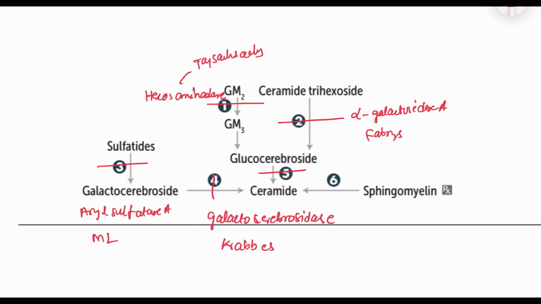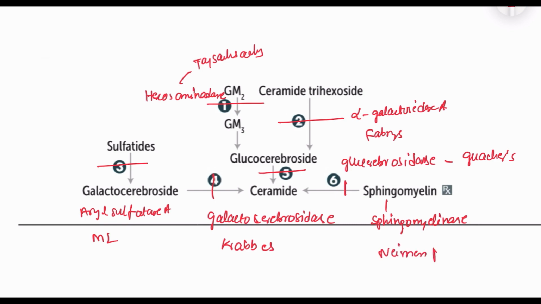Coming to number five, glucocerebroside is broken down by glucocerebrosidase, also known as beta glucosidase. It is deficient in Gaucher's disease. Number six, sphingomyelin is broken down by the enzyme sphingomyelinase, which is deficient in Niemann-Pick's disease.